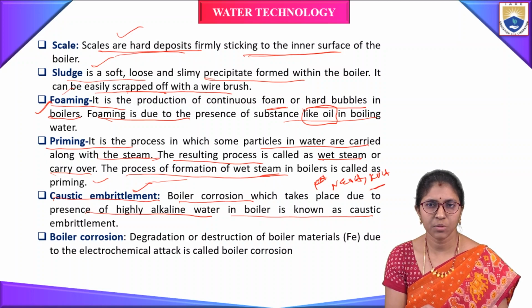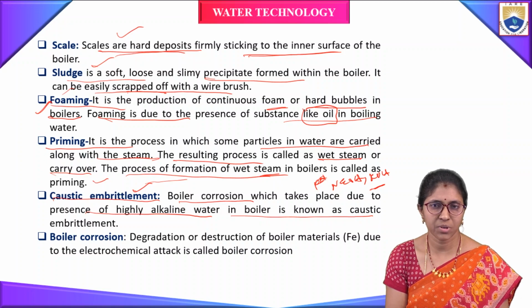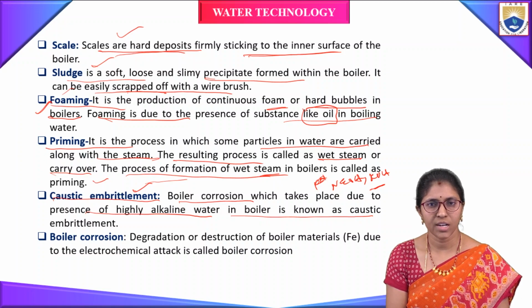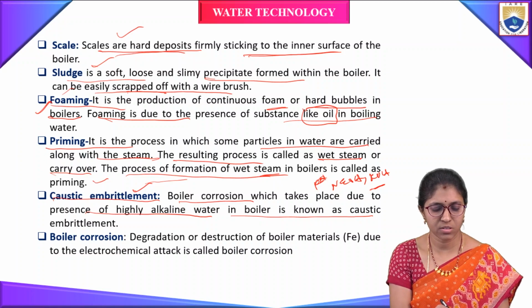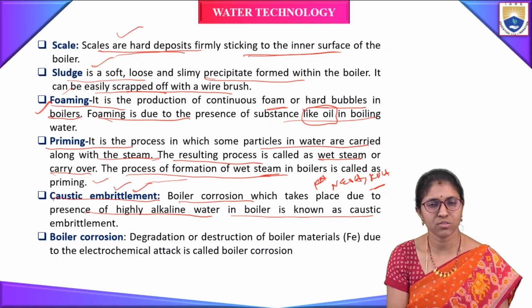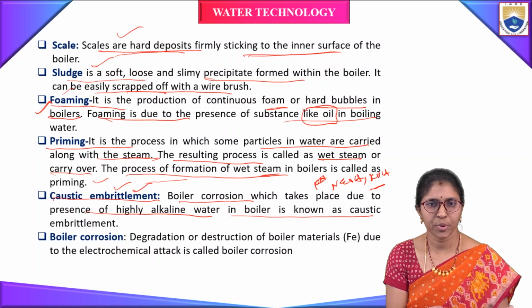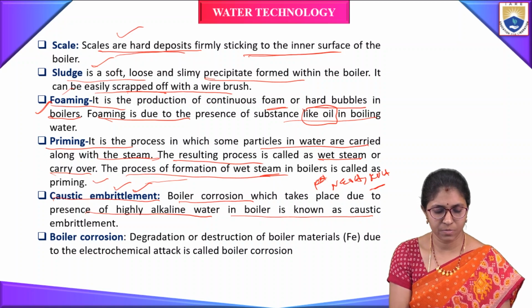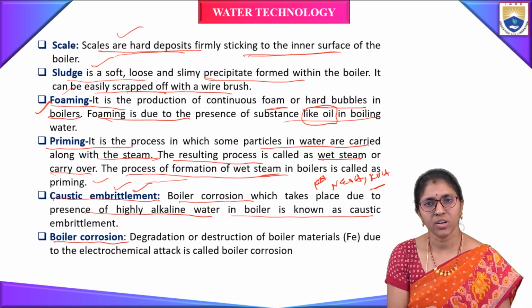Due to any alkaline impurities present in water, boiler corrosion takes place. That corrosion is called caustic embrittlement, because the embrittlement takes place because of caustic impurities which are present in water.